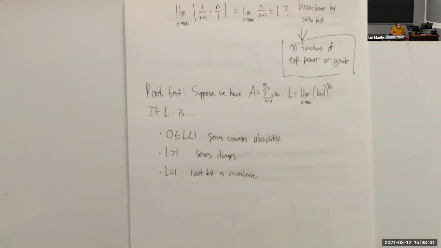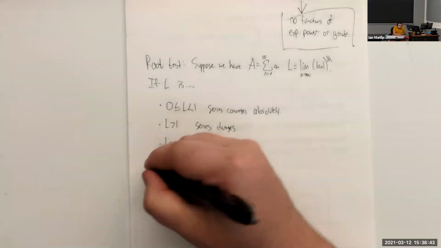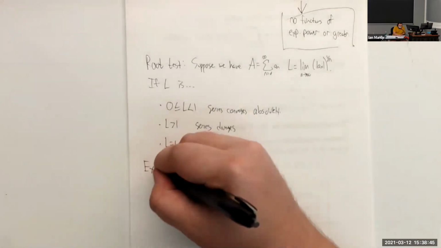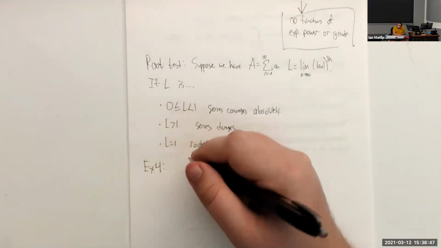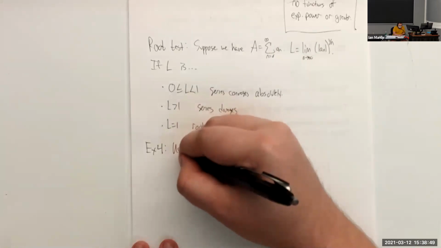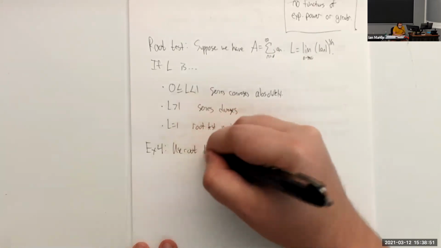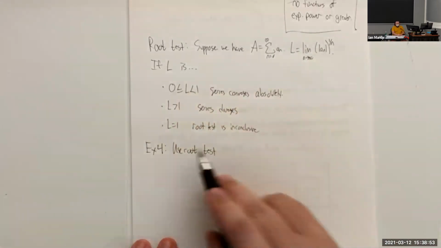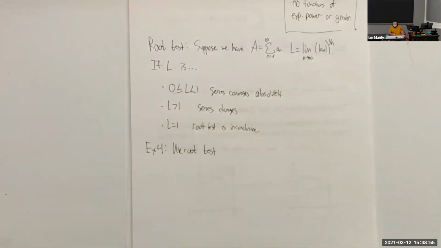Okay, so let's go ahead and see an example of this. Example 4. So let's use the root test. Oh, by the way, before I continue, I want to talk about this. The root test is almost always inconclusive at exactly the same time that the ratio test is.